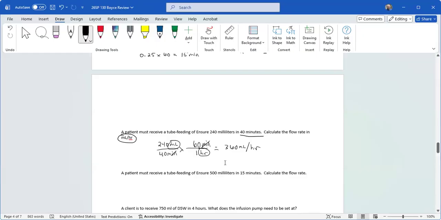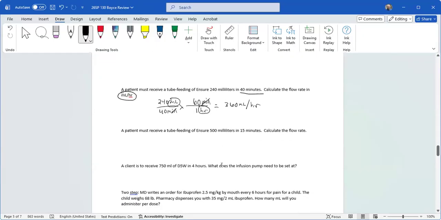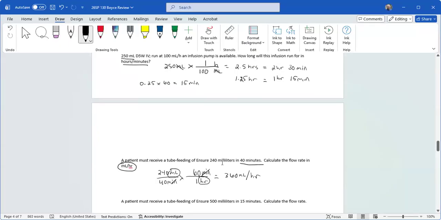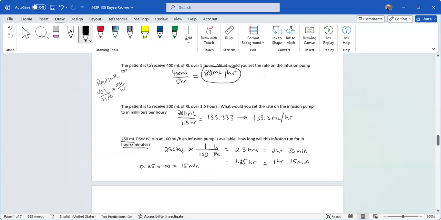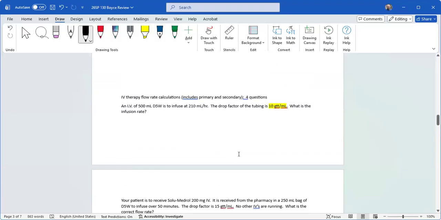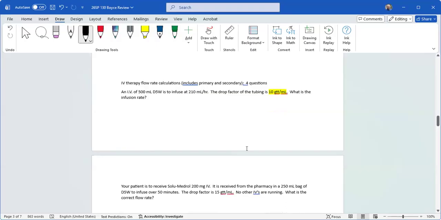Okay, so the next type of flow rate question is dealing with a drop factor. Now you should be given the drop factor. If you're not given the drop factor, there are a couple of things we'll need to know, and I'm going to indicate that in just a second. But before I talk about the drop factor, or the drop rate, let's talk about what that is.